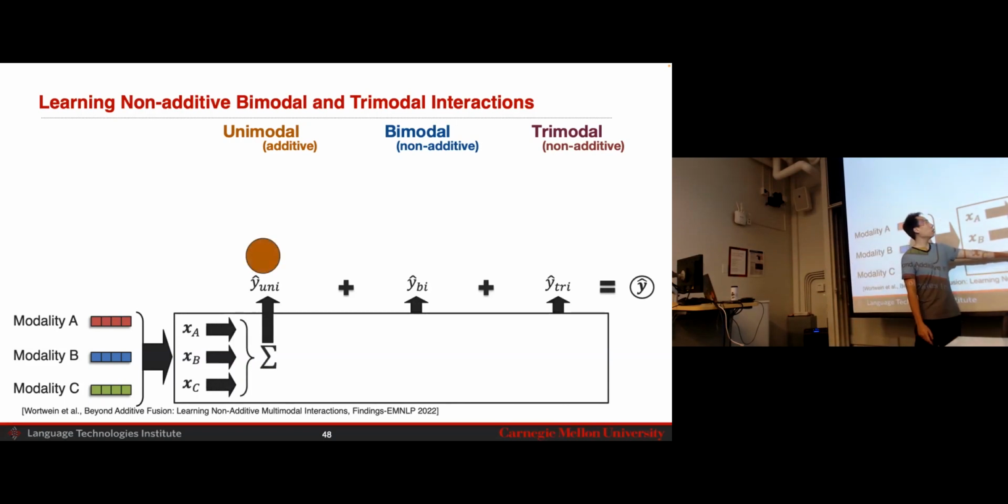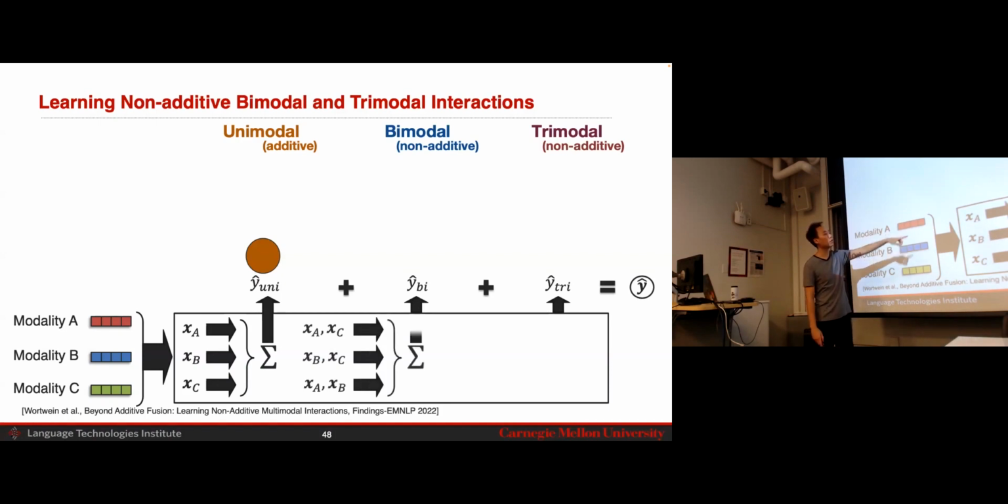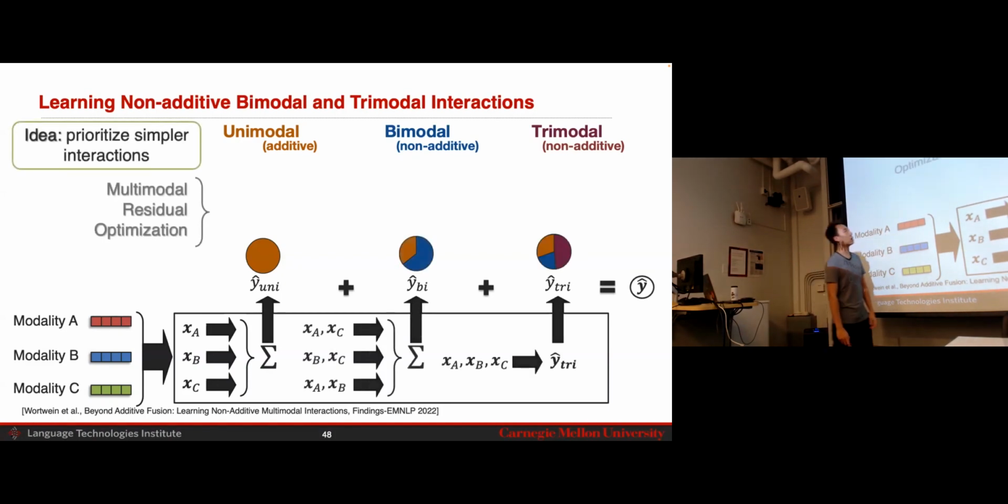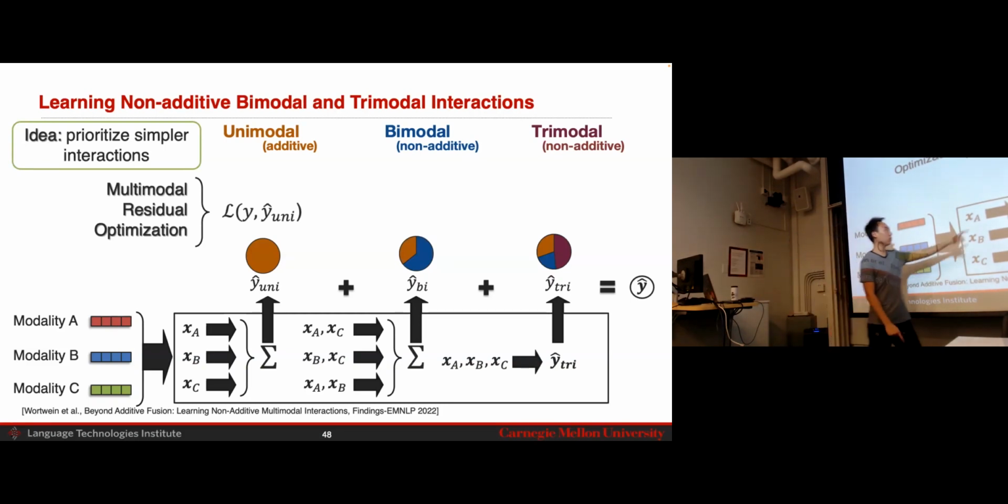Additive fusion with weights on each modality only gives me unimodal contributions. So I'm going to take whatever unimodal output that was and try to predict the label, trying to minimize the loss between my actual label and the output from the unimodal model. Try to get the most out of my unimodal additive functions.